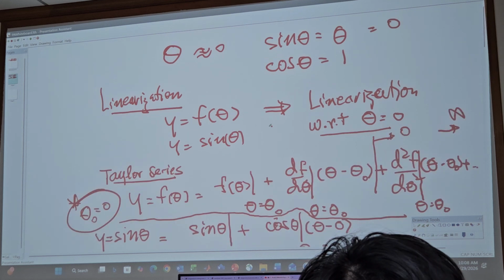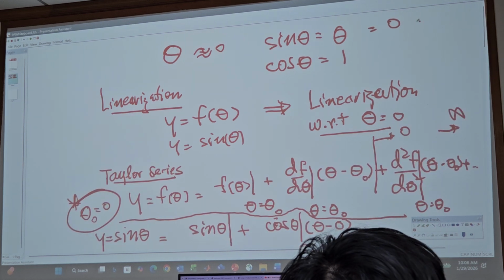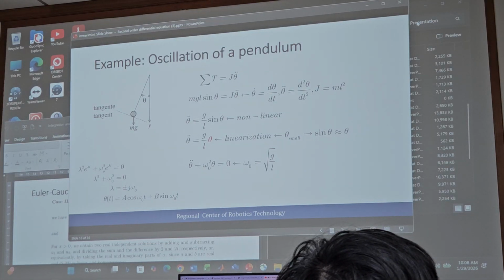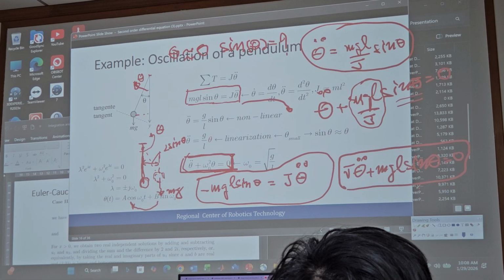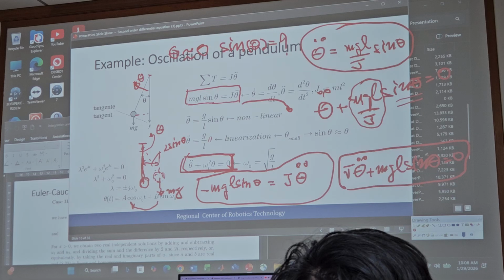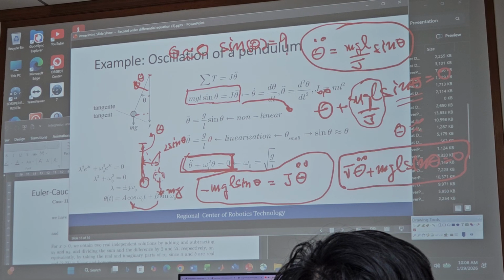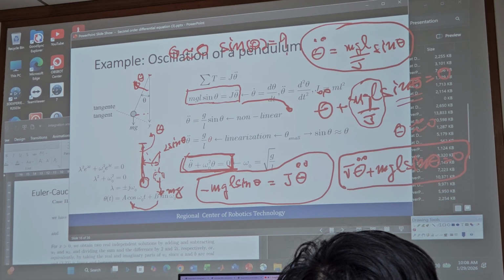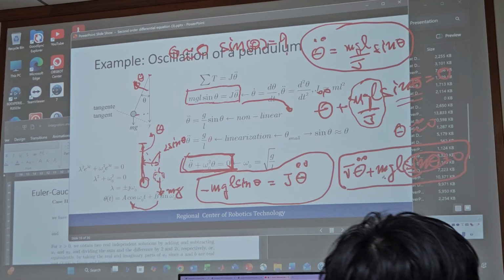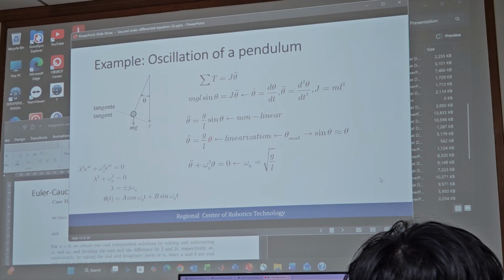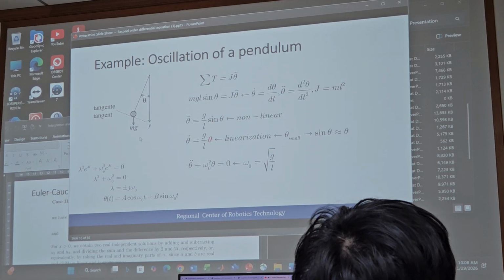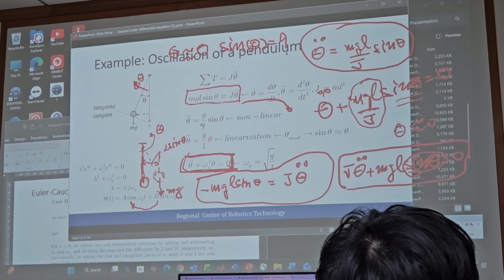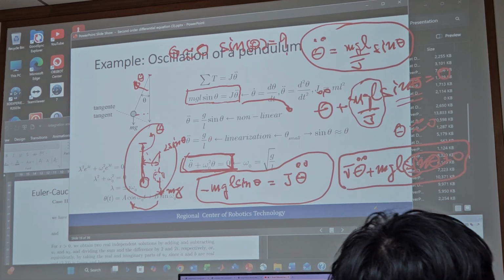Okay, so let's go back to this one. If theta is small, in this case sine theta will be equal to theta. So you have a different theta direction, this one for this direction.